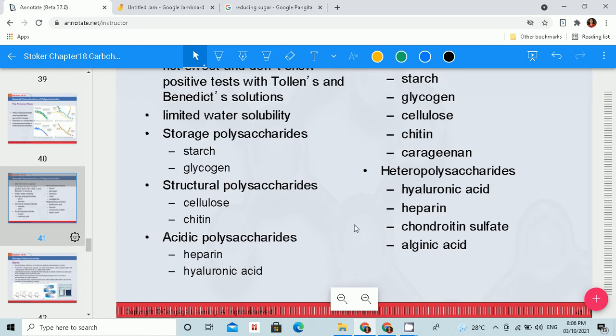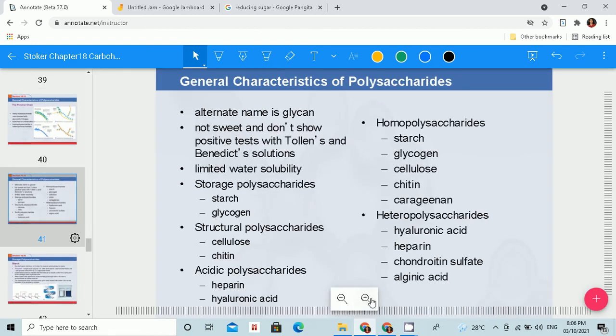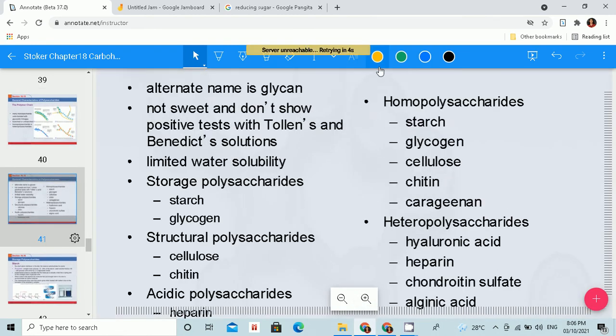Polysaccharides can be classified as storage, structural, and then we have acidic polysaccharides.